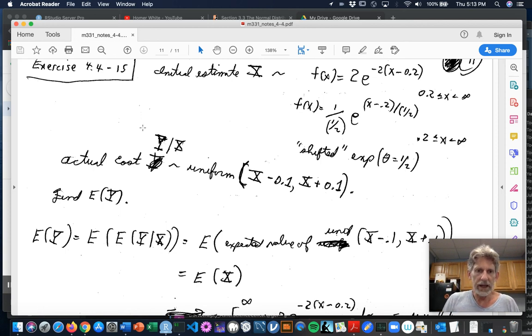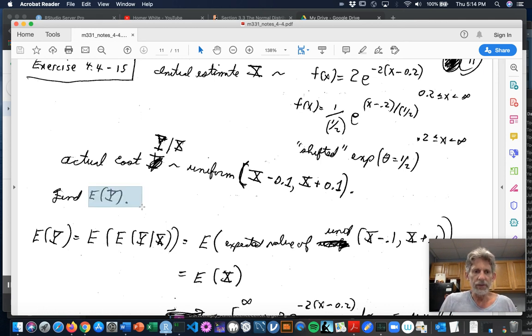Let's say that the actual cost, y, given that capital X is some value, is uniformly distributed, with a low of capital X minus 0.1 and a high of capital X plus 0.1. So that means his final cost is equally likely to come anywhere within $100 of his initial estimate.